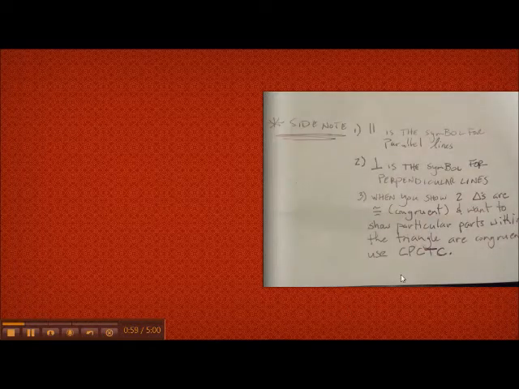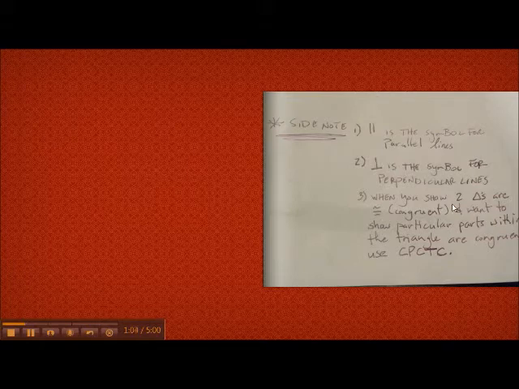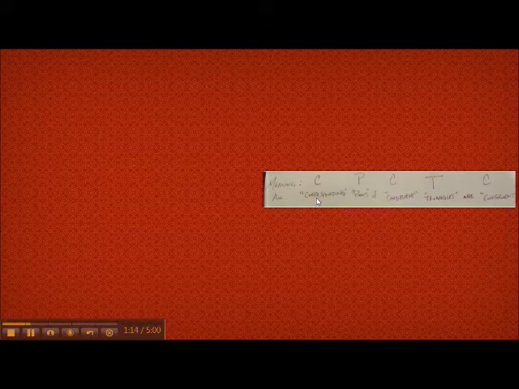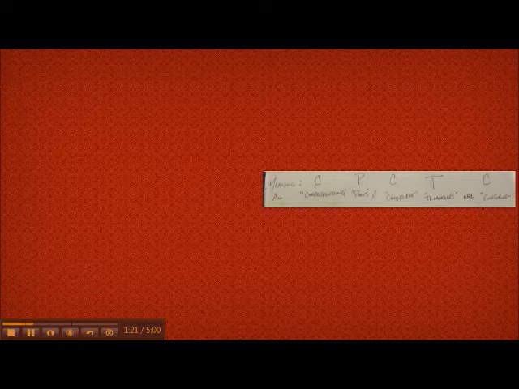And then finally, when you show two triangles are congruent, you can state that other portions of those congruent triangles are also congruent based on what is called CPCTC. And what that CPCTC stands for is corresponding parts of congruent triangles are congruent.